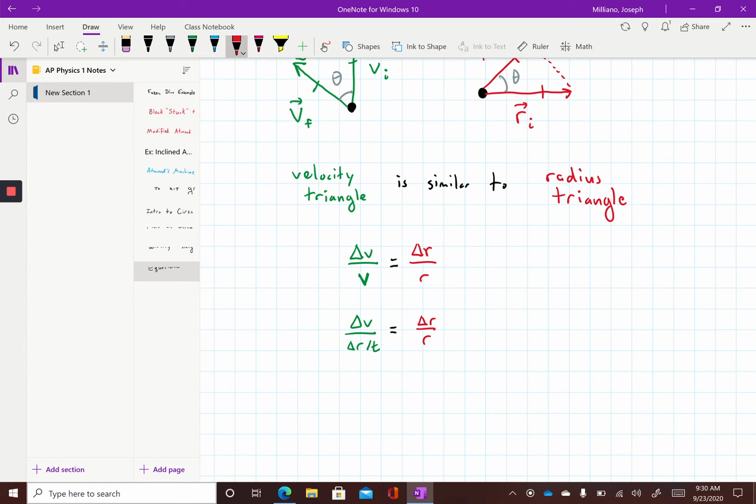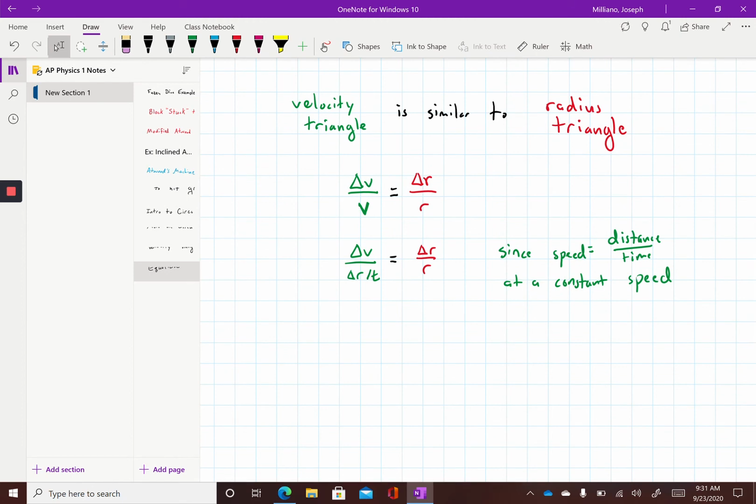Since speed equals distance over time at a constant speed. Remember that equation doesn't apply if we're getting faster or slower, but we are not getting faster or slower here. Rearranging a little bit, what we're left with is, oh no, I messed this up. Dang it, I'm going to back up a little bit. What I said is true, but it doesn't get me where I want to go.